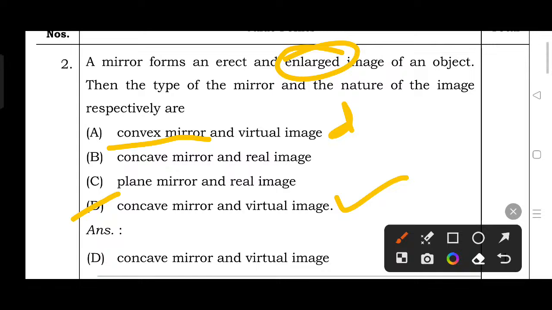Whenever we keep an object at infinity, the image is a point. Whenever the object is beyond the center of curvature, the image size is smaller. Whenever the object is kept at the center of curvature, the image size and object size are both the same. But in all these cases, a real image is formed, not virtual. Here they asked for virtual. That's why option D, right answer.